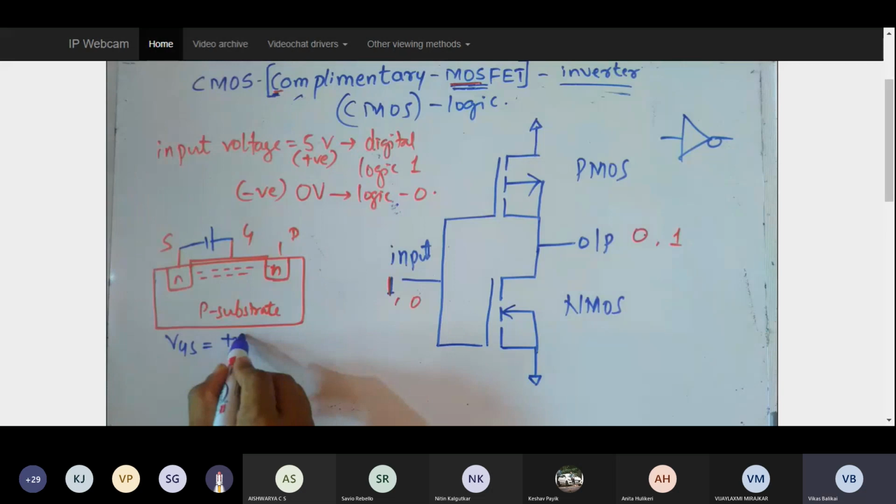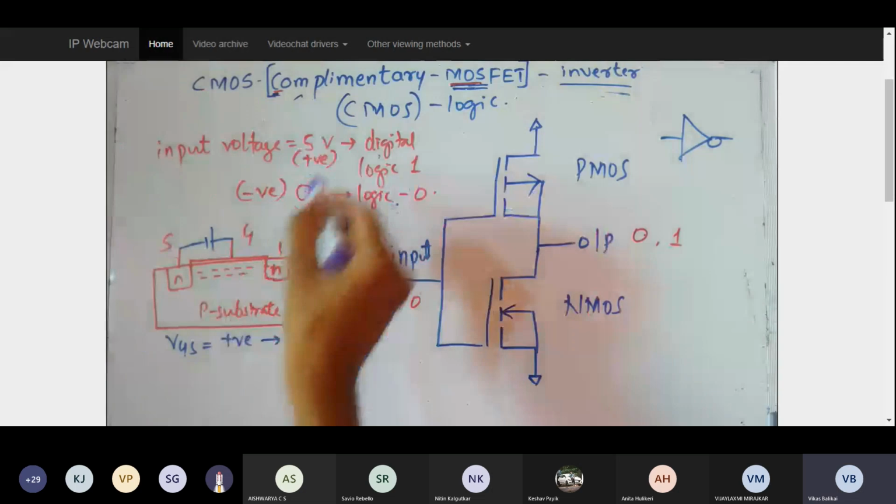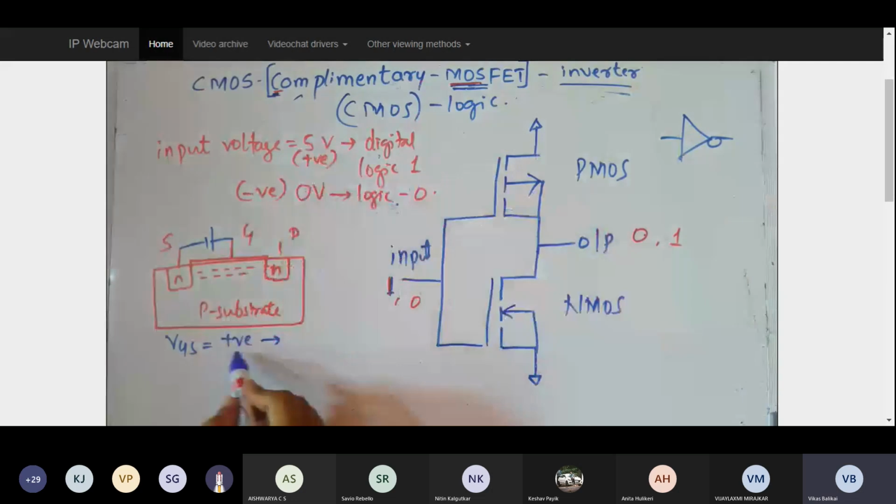Please respond to me. Yes, sir. So, like I told, when I apply VGS as positive, or any voltage greater than 0 volt, that is, when I say a digital logic of 1 is applied, I say that the channel is formed.